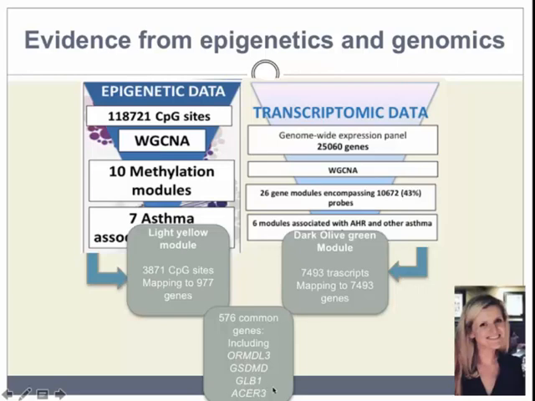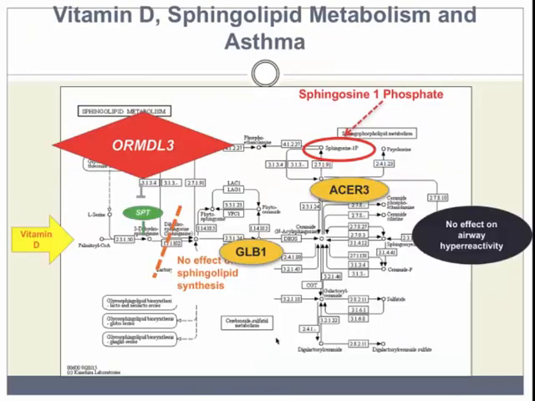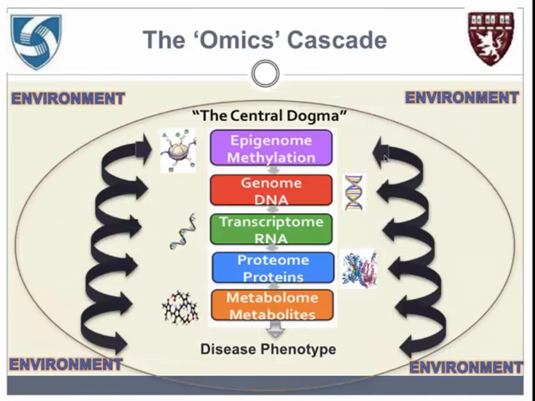So why is it important that those genes are so strongly associated with asthma in both epigenetics and transcriptomics? Well, the important thing is they're also located in the sphingolipid pathway. So now we see this mounting evidence of omic data on many levels implicating the sphingolipid pathway in asthma.